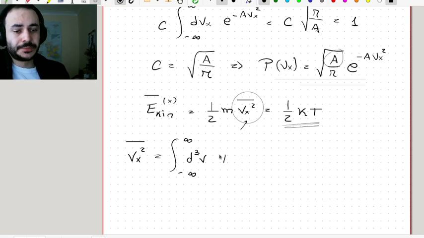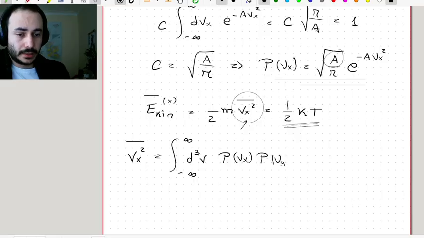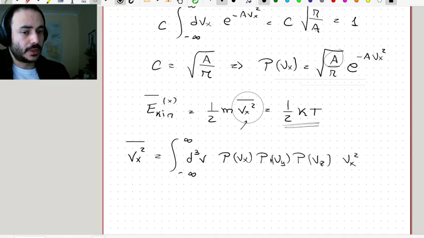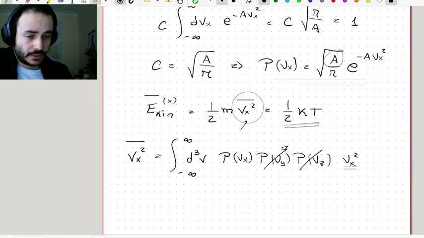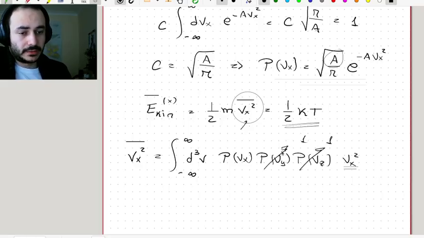And here you have the product of the distributions for vx, vy, and vz, and the thing that you are averaging is vx squared. Now because this probability distribution factorizes and we are only integrating this vx squared, this and that integrate out to 1 because both of them are individually normalized.